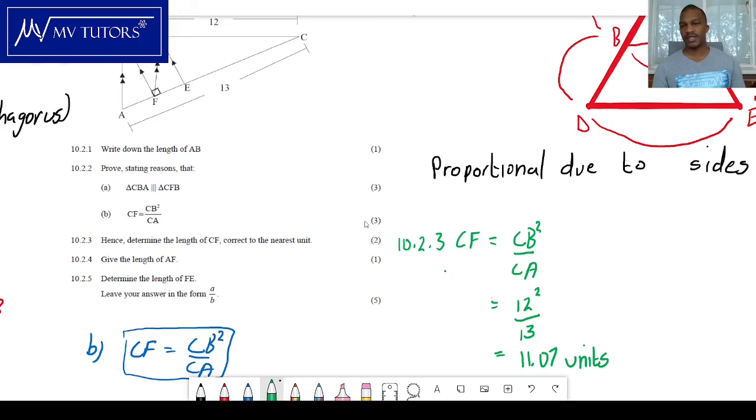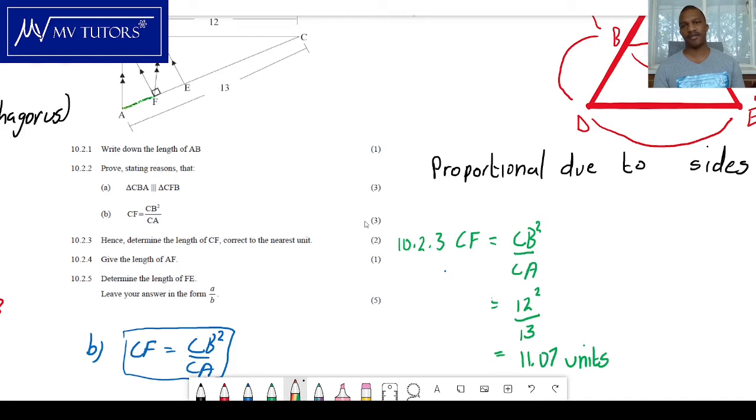Cool. The next one says prove, oh no, give the length of AF. Now where's AF? AF is, let me use a pen. AF is right over there, right? So how can I prove AF? Now look at this.